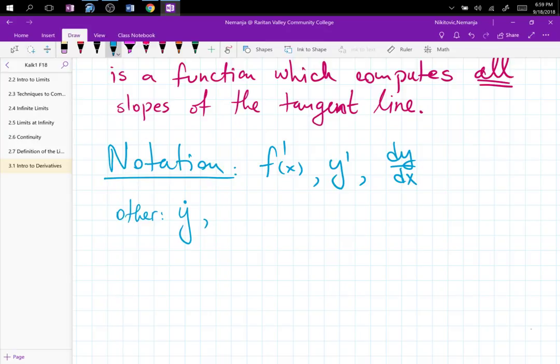You have d of a function. And now we have partial derivatives. So dy dx, and you have capital Dx. And there are more.